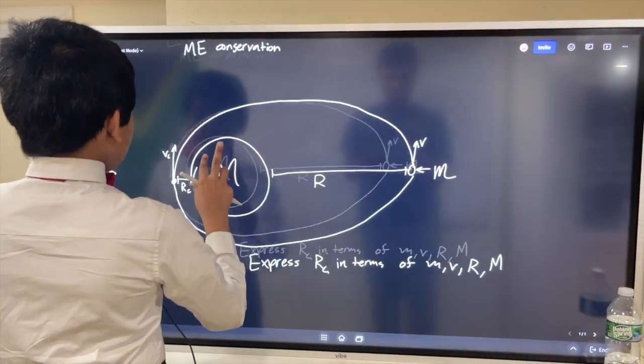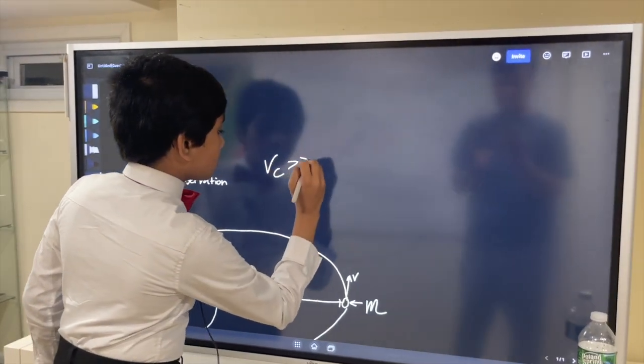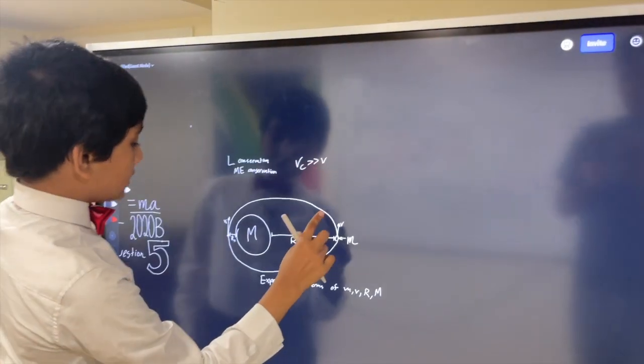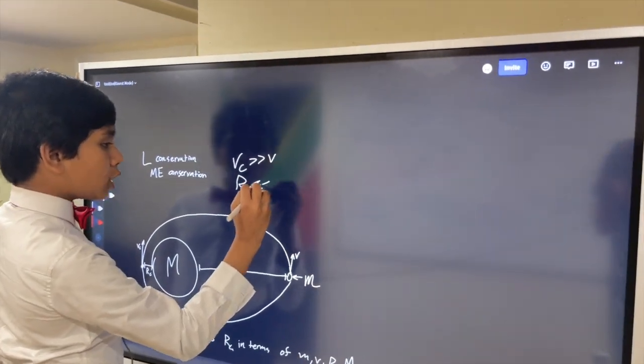So that means VC is way bigger than V. And as you can see by this diagram, RC is way smaller than R.